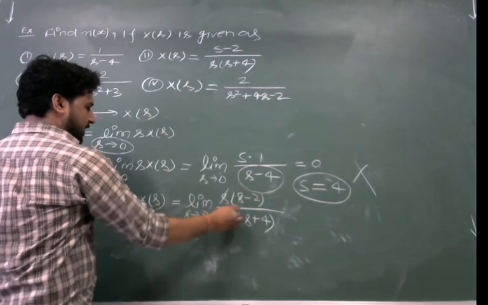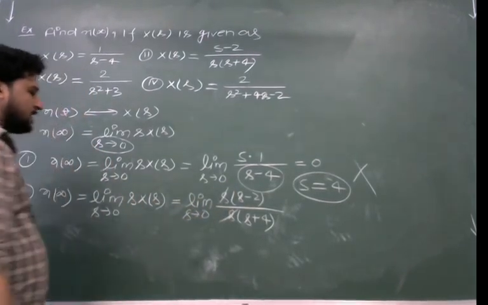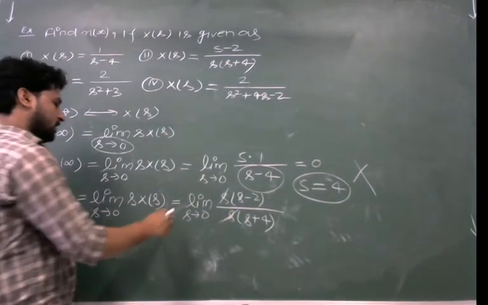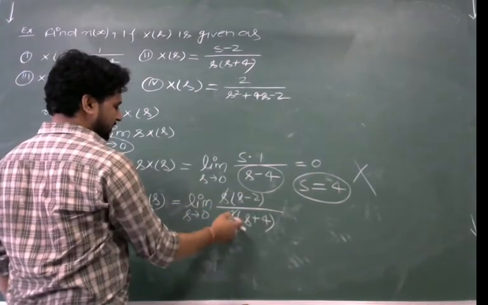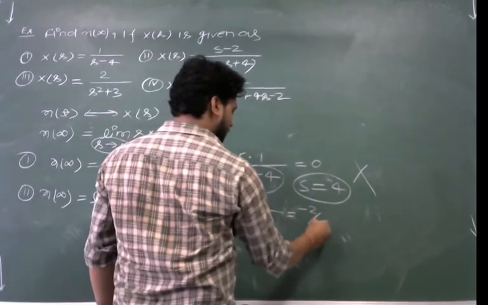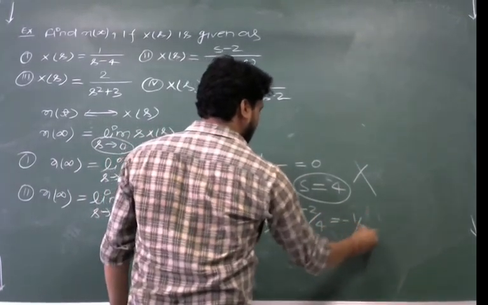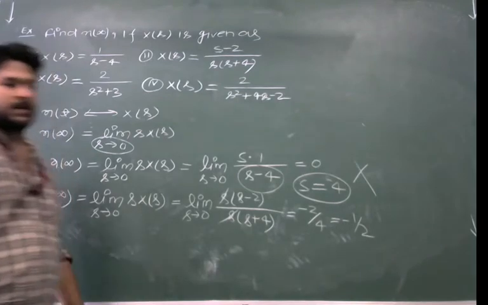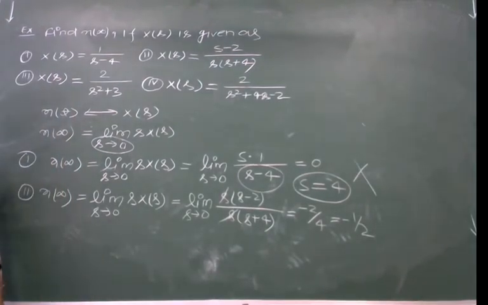This s and this s will cancel each other. Now I can put the value of s equal to 0 in this equation, and this will become minus 2 by 4, which will be equal to minus 1 by 2. This will be the final value of the given relation in example number 2.